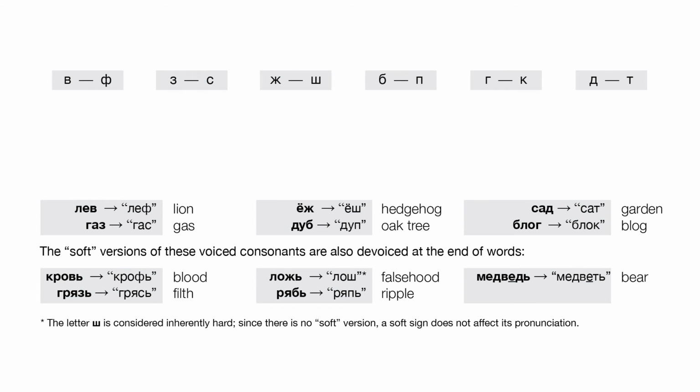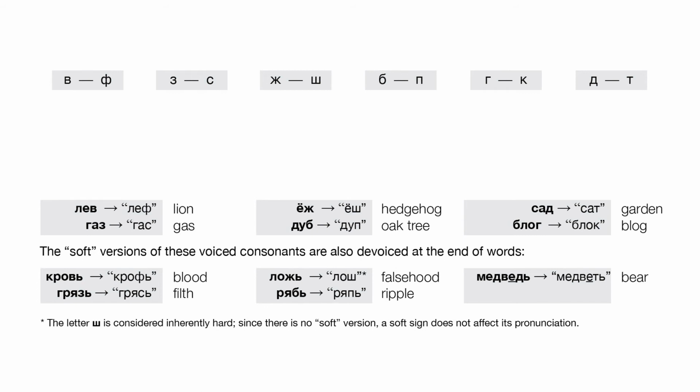The word for blood is krov, but that final v is devoiced to more like a soft F, krof. The word for filth is gryaz, but we say gryas, devoicing Z to S. Falsehood is lozh, but we say losh, devoicing again, zh to sh.